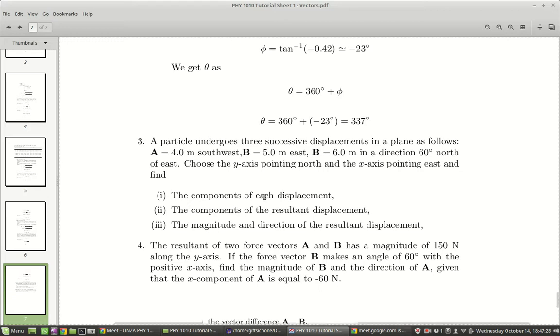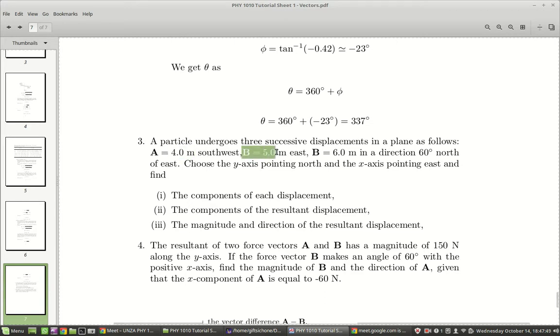So basically, a particle undergoes 3 successive displacements in a plane as follows. I've put some names to the displacements. The first displacement is 0.4 meters southwest.